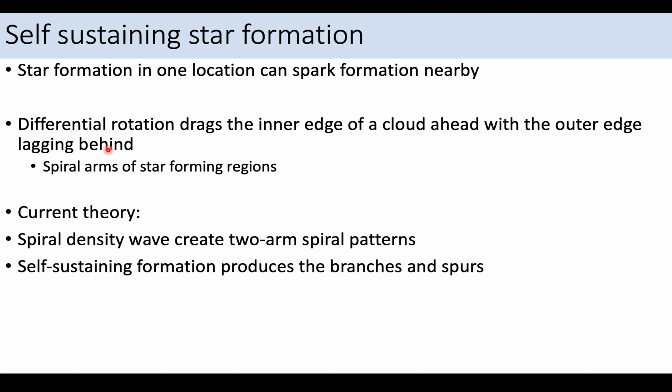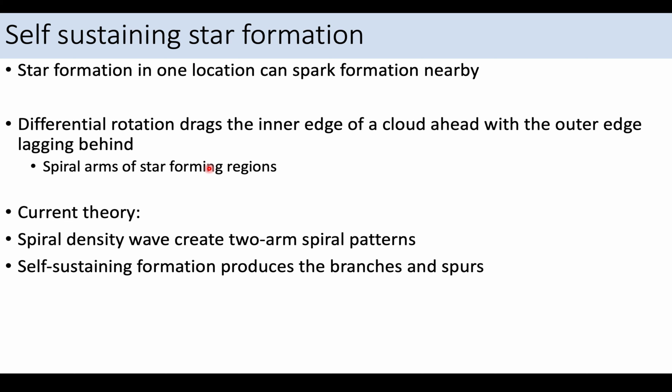So that sort of makes the spiral arm shape. So that can cause spiral arms of star-forming regions. So maybe the spiral arms are kept up or self-sustaining in terms of constantly forming stars, which sparks more star formation that is kept in this spiral arm shape.